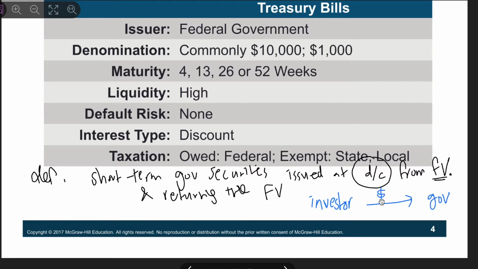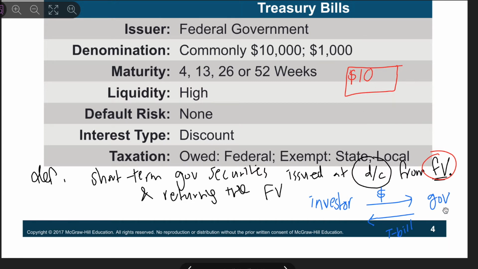So money goes in, and the T-bill comes out. So how much money is going in and how much value of the T-bill is coming out? They issue it at a discount from the face value. What is the face value? If you look at a dollar, a dollar has a sign of $1. That we call face value. If it has 10, we say that is $10.